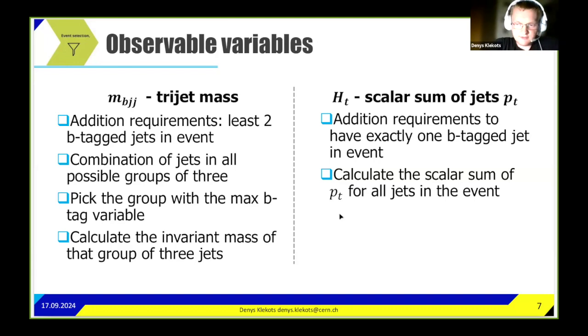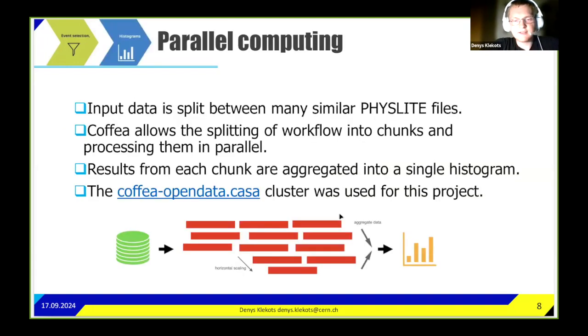A very nice feature of Coffea is that it gives us the possibility to do that in parallel. One just needs to write a function with the steps of the analysis that must be done, and with the very nice functionality of Coffea it can be easily parallelized, so that our work is distributed in chunks which are calculated in parallel in a cluster, and it is much faster.